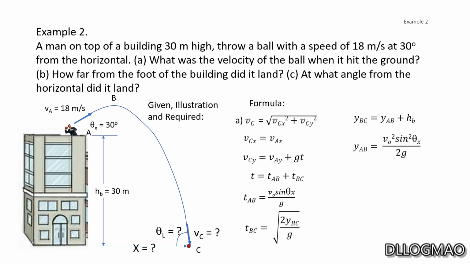To solve for the horizontal distance covered by the ball, x is equal to the average velocity times the time of travel. Average velocity is equal to the x component of the initial velocity. The angle of landing, theta sub L, is equal to the inverse tangent of the ratio of the y component and the x component of the velocity V sub C.